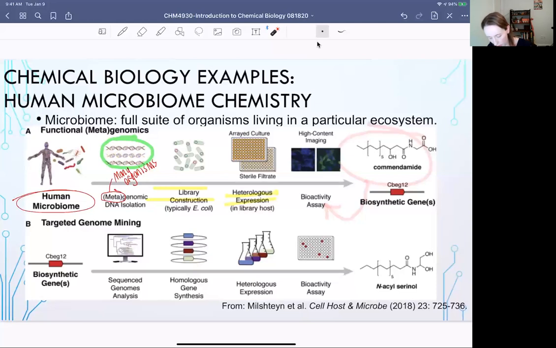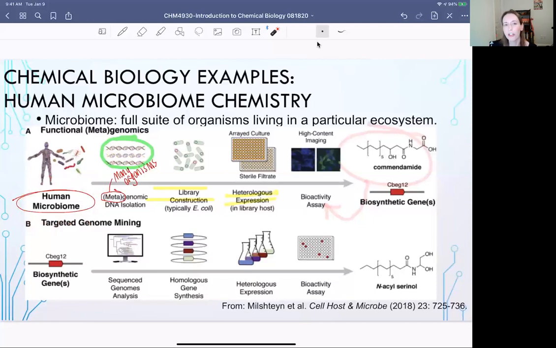So looking at the human microbiome here, that I'm circling with my laser pointer, what we're referring to there is the conglomerate of the different organisms that are present within the human. And generally, when looking at the microbiome, that collection of organisms living in a particular ecosystem, we'll be looking at one organ from the human.